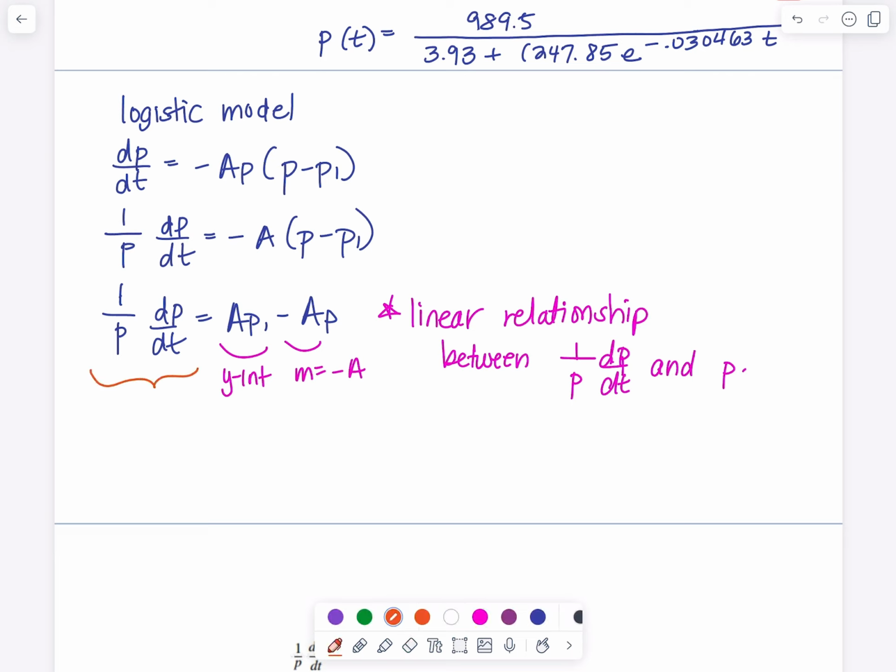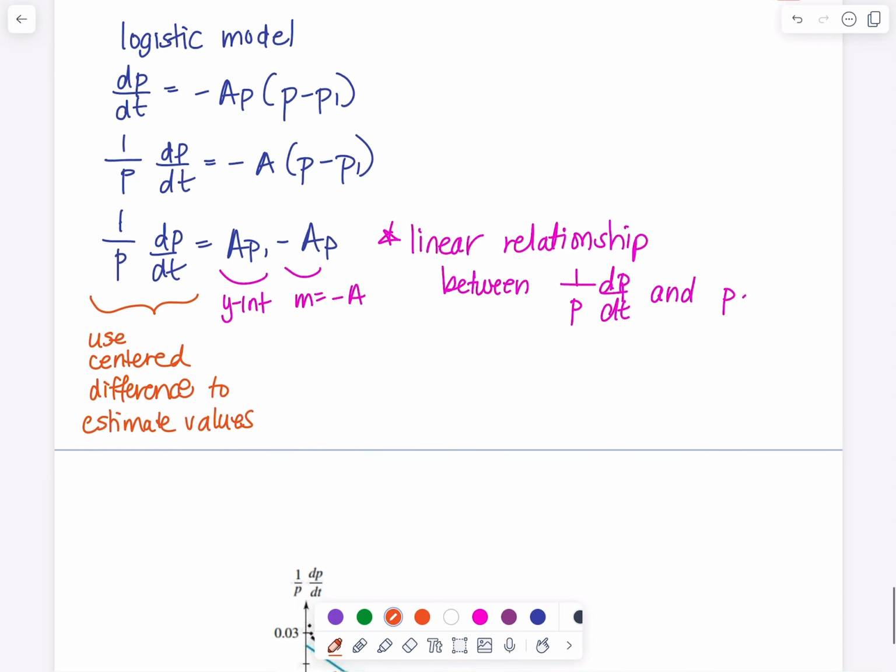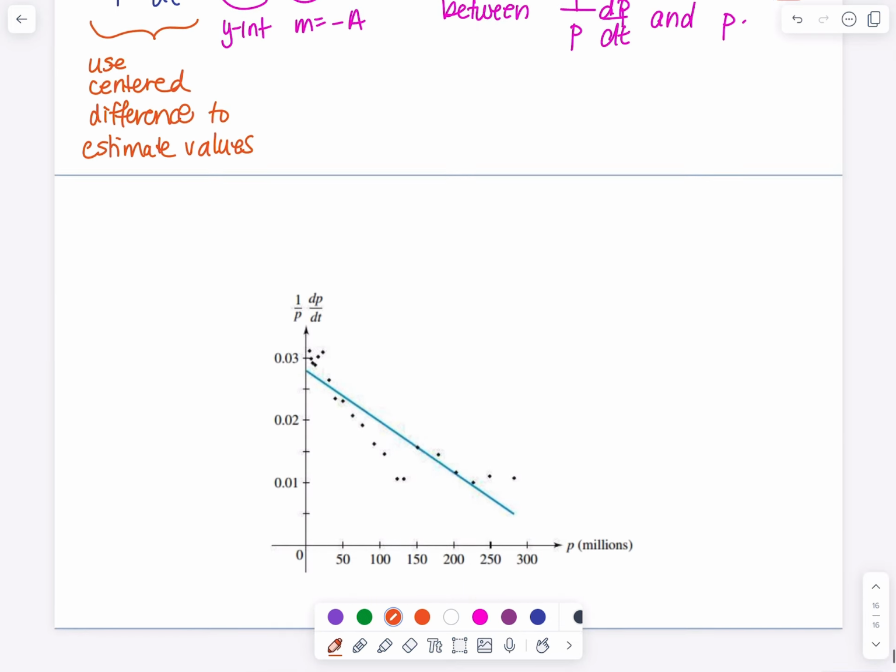So they go ahead and use centered differences, and then they estimate these values. And then they plot those as shown here.